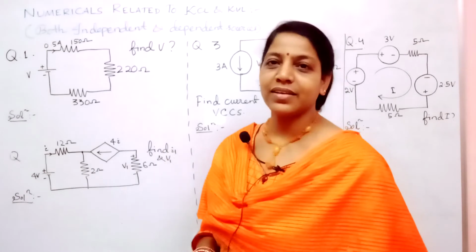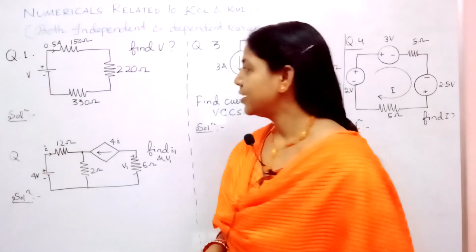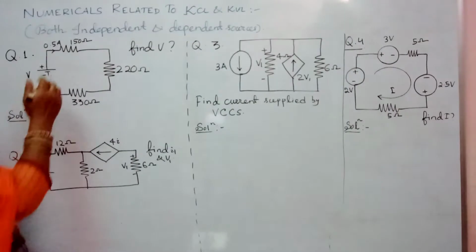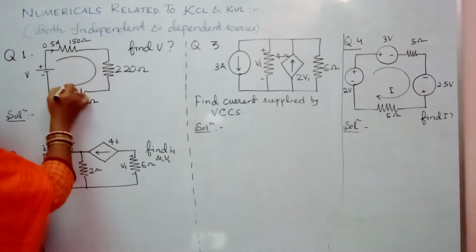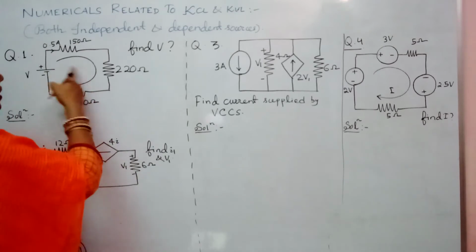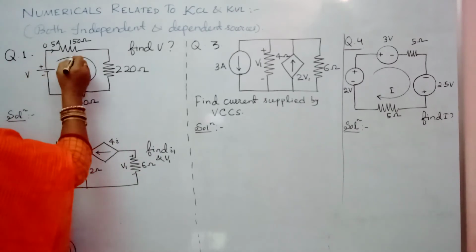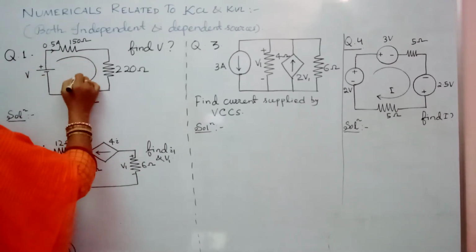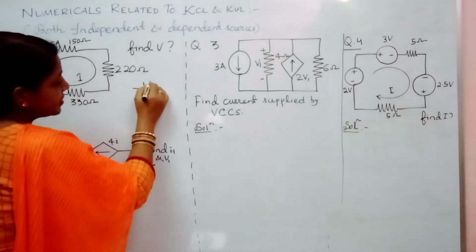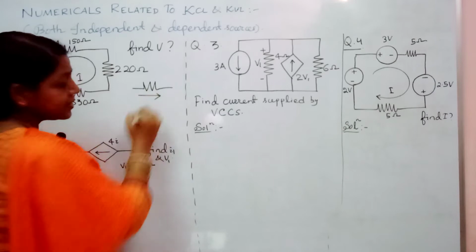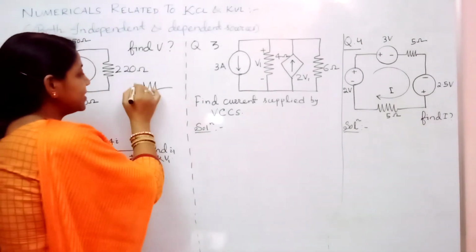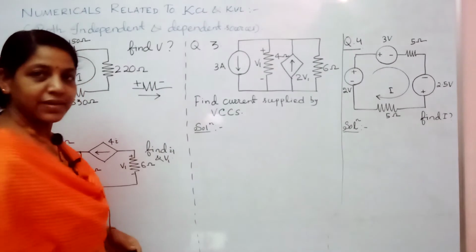Now let us apply the KVL. So how to apply the KVL? Give the current direction. As soon as you give the direction, your current will start to flow in this direction. Let that current be I. Remember, whenever the current is entering the resistor like this, this side will be positive and this will be negative.